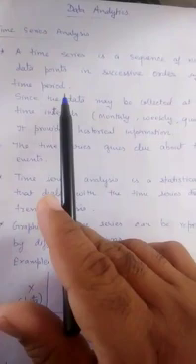If you see a simple definition of time series, a time series is a sequence of numerical data points in successive order of a particular time period.